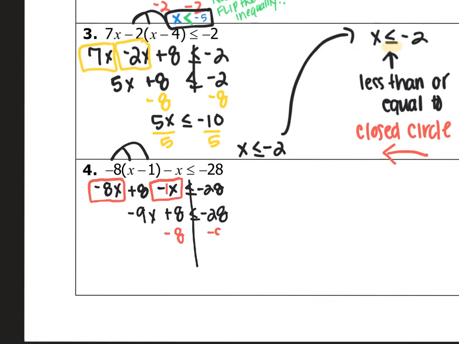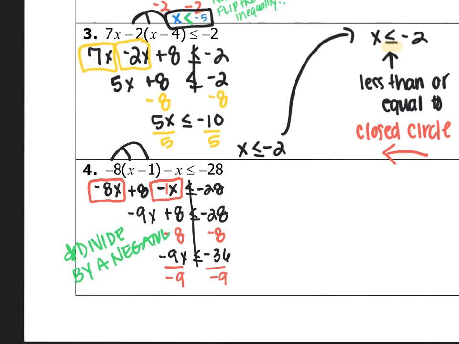Subtract 8 from both sides. I am left with -9x is less than or equal to, so -28 minus 8 gives me -36. Divide both sides by -9, and we just divided by a negative. So when we divide by a negative, we need to flip our inequality.